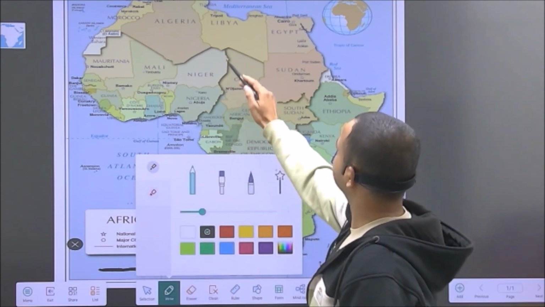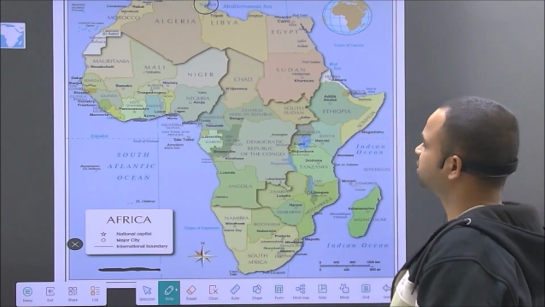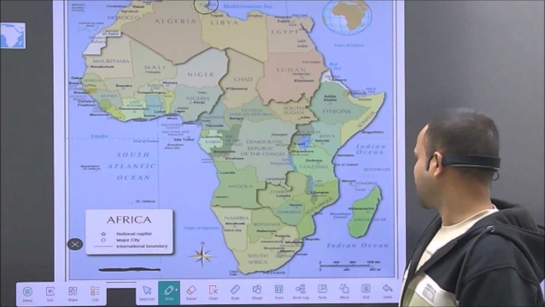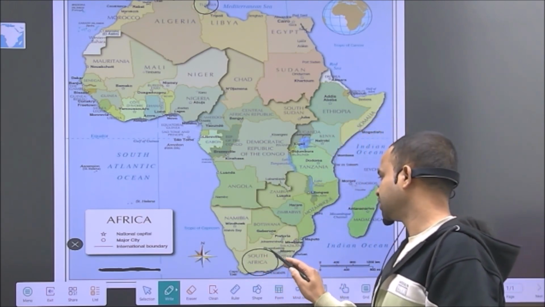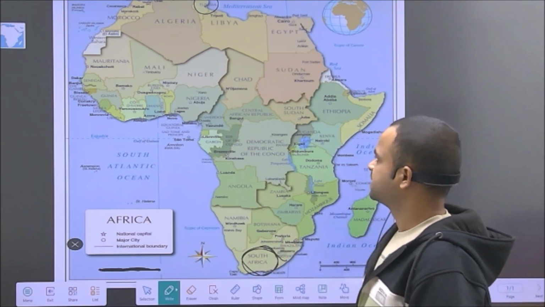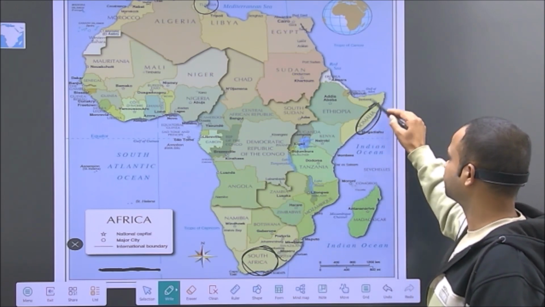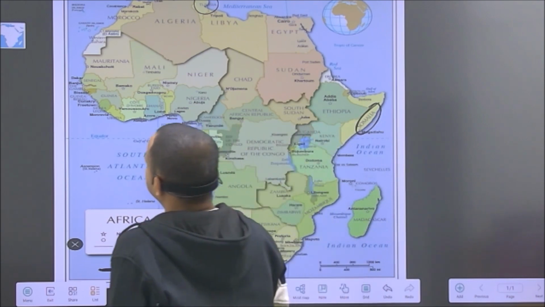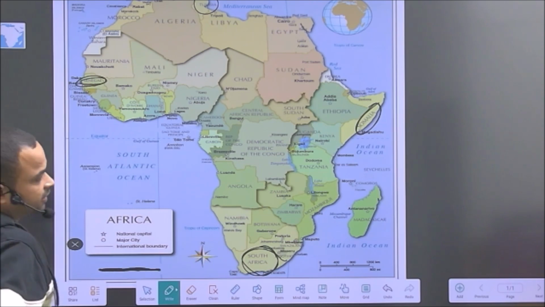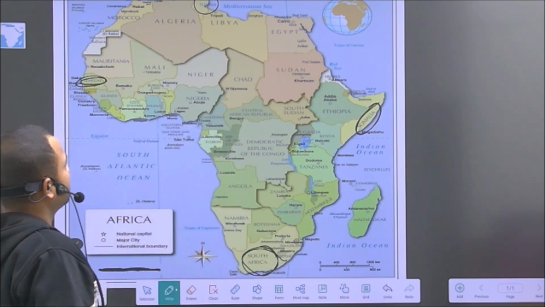If you look here, Tunisia is the northernmost country of the African continent, and South Africa is the southernmost country. Somalia is the easternmost country of the African continent, and Senegal is the westernmost country.